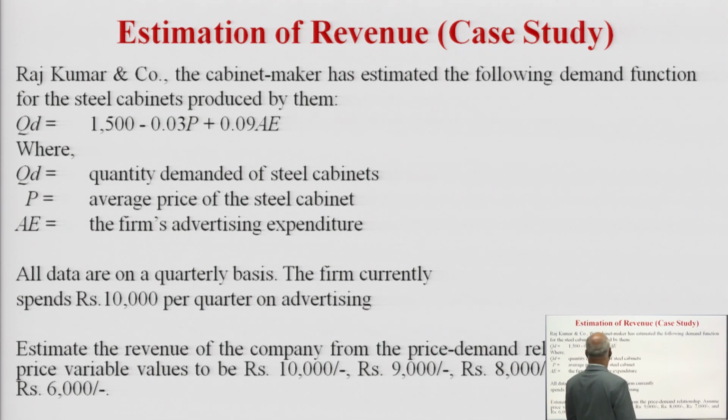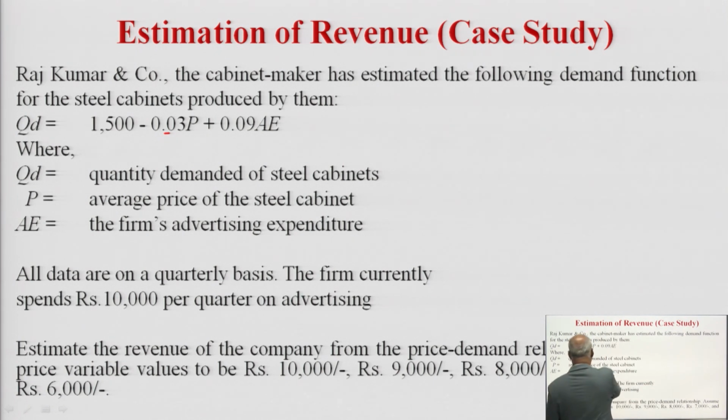The case study is like this: Rajkumar and Company, the cabinet maker, has estimated the following demand function for the steel cabinets produced by them. Demand, please remember, is nothing but the sales figure of this company, and QD is equal to 1500 minus 0.03 P plus 0.09 AE.